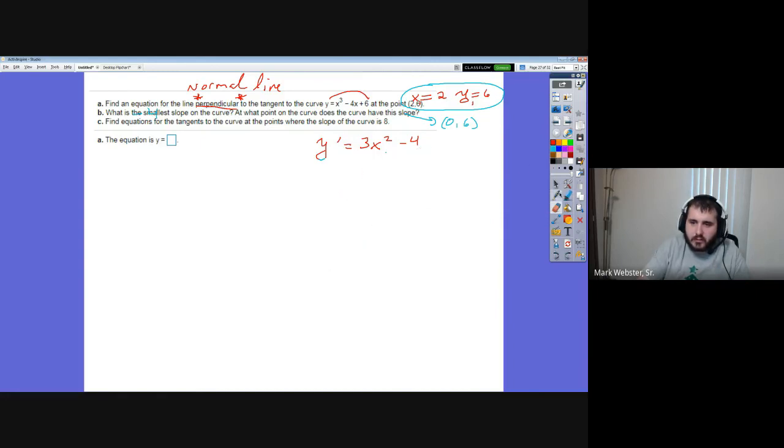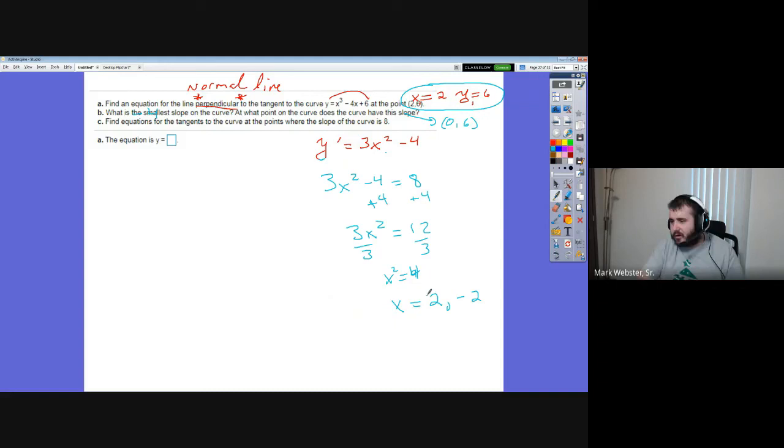Let's solve. x squared equals 4. So x is 2 and negative 2. Don't forget, we take the square root. We got to do the positive and the negative, right? These are our two x values.